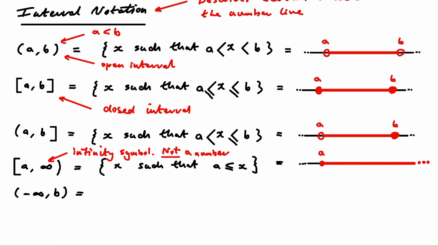So this is equal to what? This is equal to all x such that, well, we're just saying x is going to be strictly less than b. You see I've used a curved bracket here, so that means I shouldn't include the b. So if I do that, what does it look like? Same story, number line.